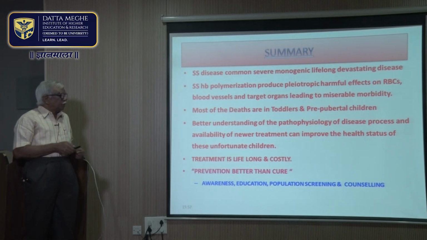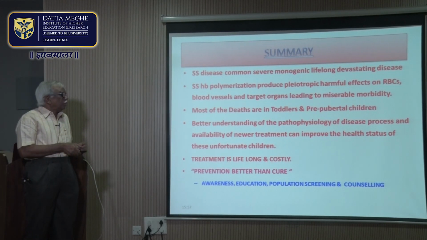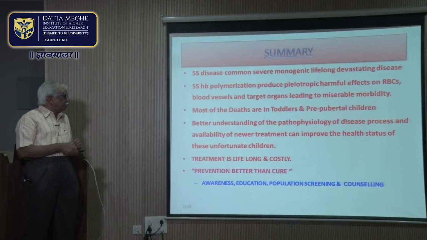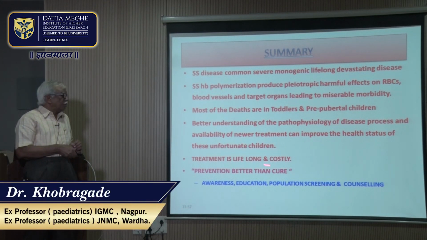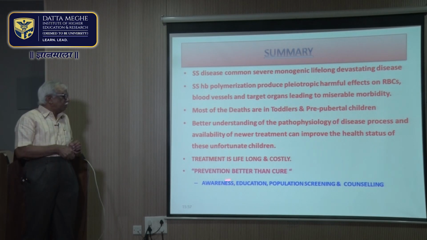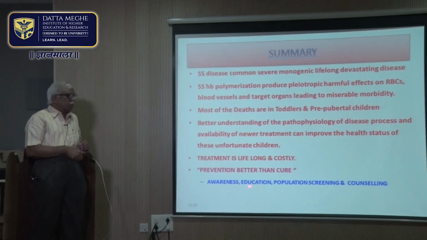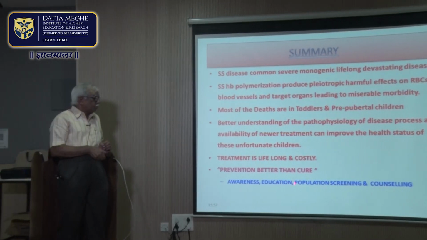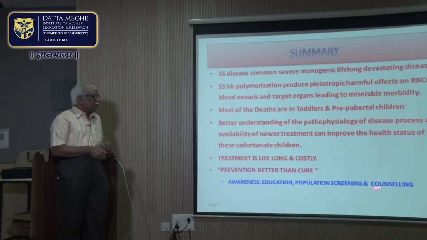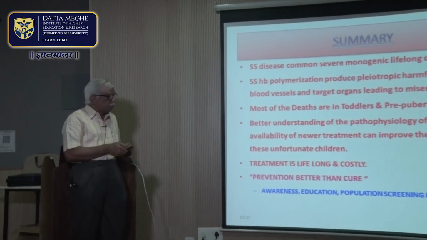Better understanding of the pathophysiology of the disease process and availability of newer treatment can improve the health status of these unfortunate children. Treatment is lifelong and costly. Prevention is better than cure, and therefore what is important is awareness, education, population screening and counseling. This is the bottom line of today's lecture.